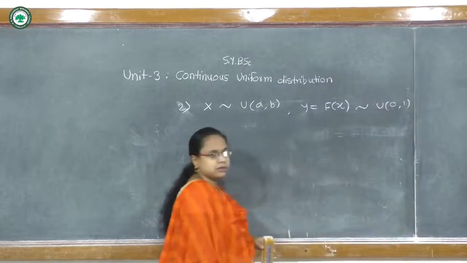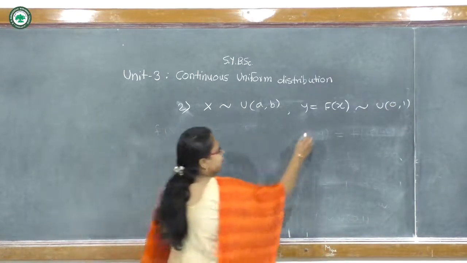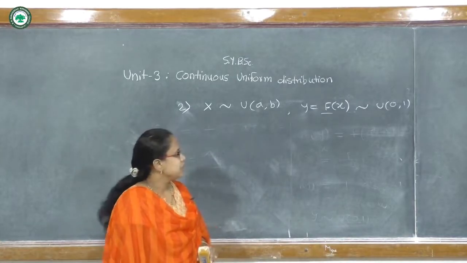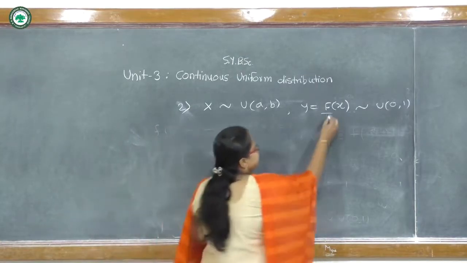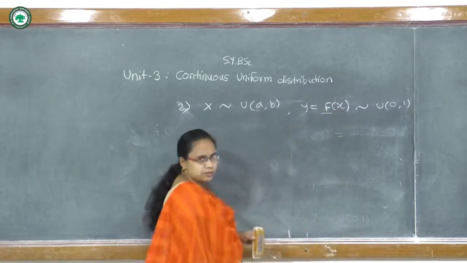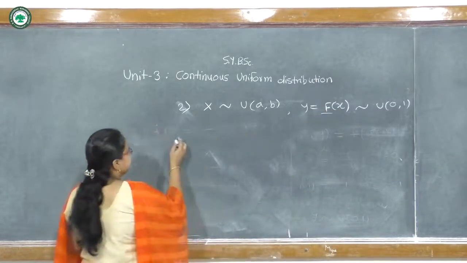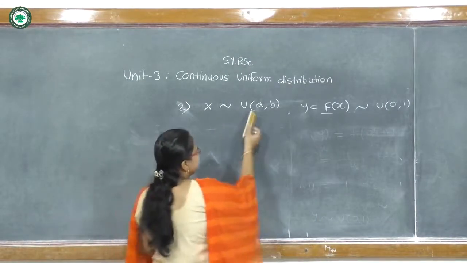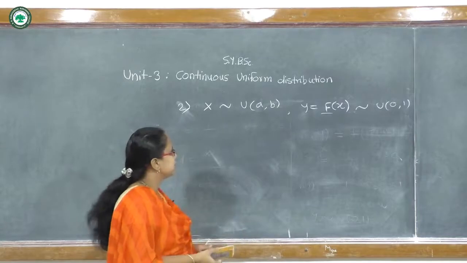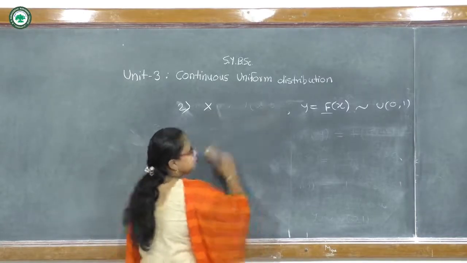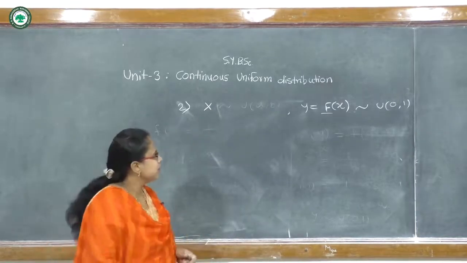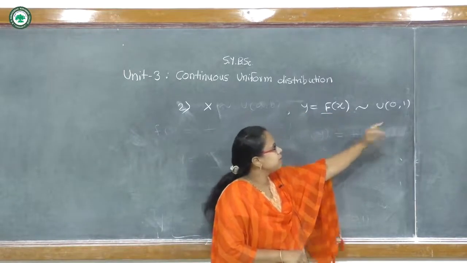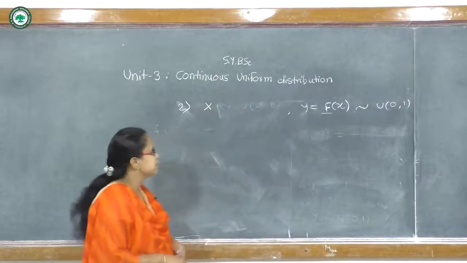We can see that F of x is also a monotonic increasing function, so we can use the transformation. Instead of writing a comma b, if X follows any continuous distribution, then its CDF will follow uniform 0, 1. So in general we can prove this result.